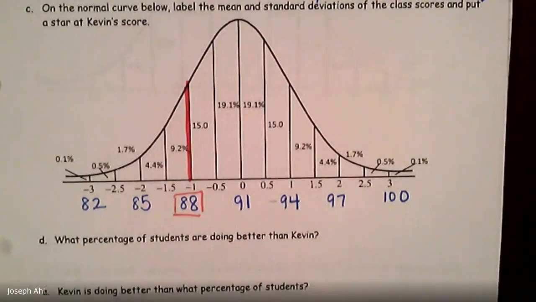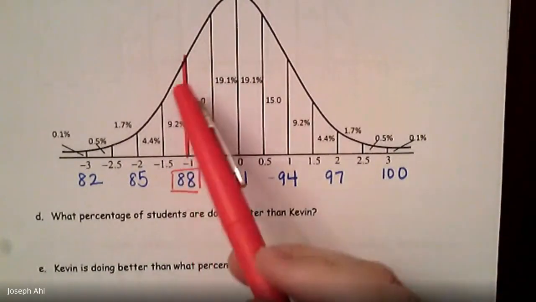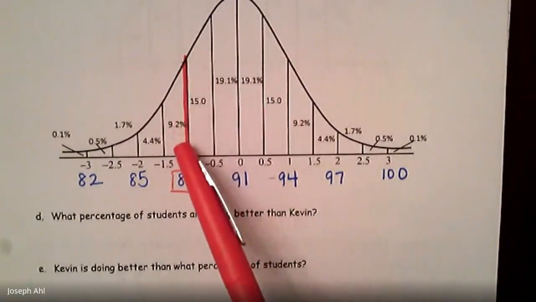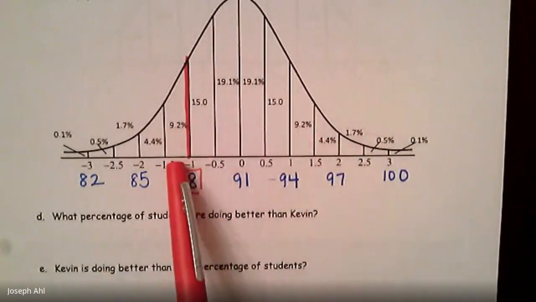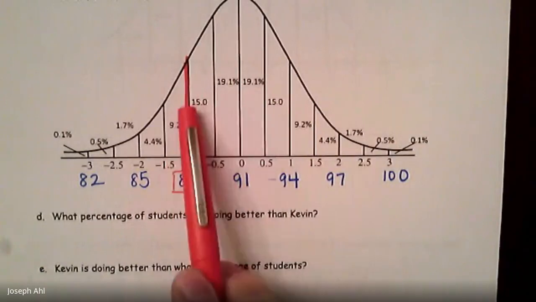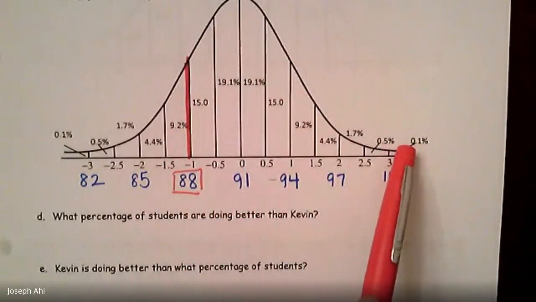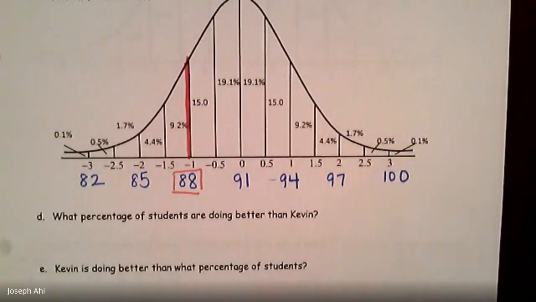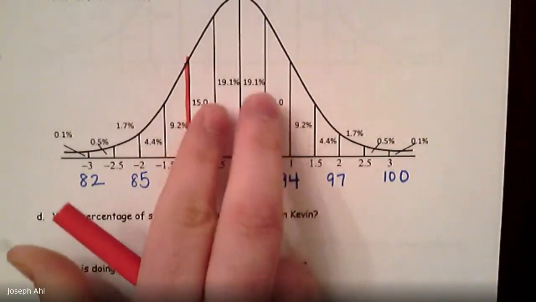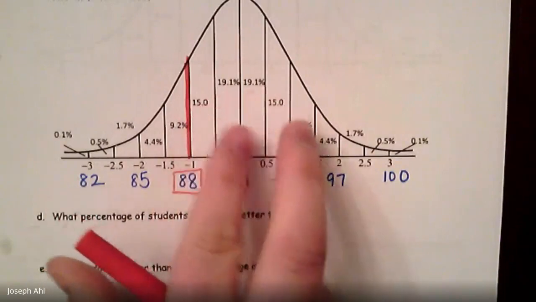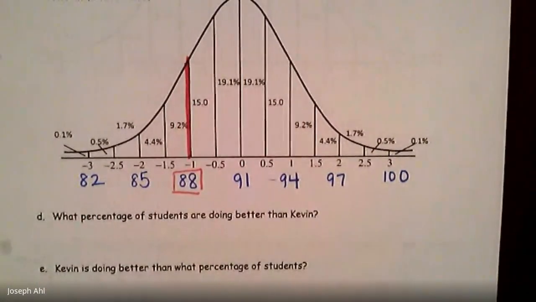Kevin is improving here, but based on where he falls on this curve, we can see all the percentages that would exist of student scores after an 88. So basically you're probably just going to have to add all of those up. There may be other ways of doing it, but you'll notice that because of the symmetry, we have 2 sections in the middle that are 19.1%, and 2 sections here that are both 15%.